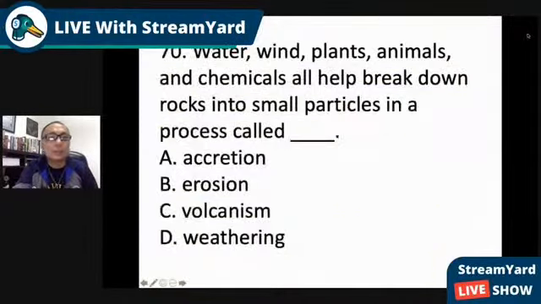Okay, let's go to the last question at last. Sorry for the delay. Water, wind, plants, animals, and chemicals all help break down rocks into small particles in a process called what?